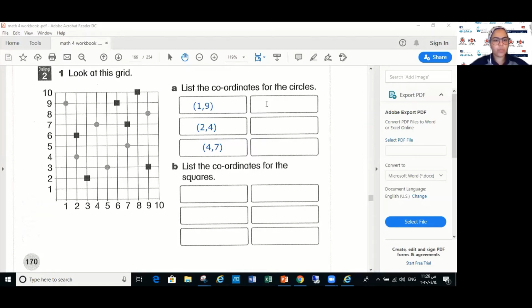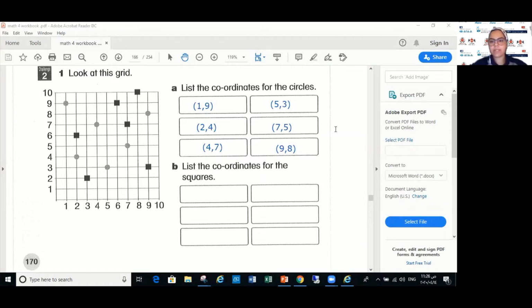The fourth one is 5 and 3. So 5 and 3. The sixth one is 7 and 5. The last one that we have is 9 and 8. So it is 9 and 8.